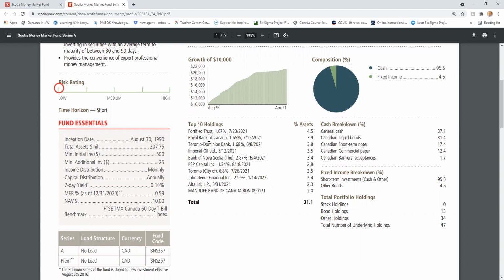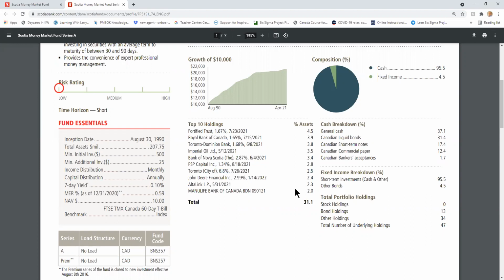Royal Bank security, this is also a money market security, also maturing in 2 months, July 15. So all these are short-term investments, all maturing almost now. This one is only next year. The majority of the investments are just short-term money market securities. And the City of Toronto 6.8 is getting pretty high interest, but that's only 2.5% of the assets.